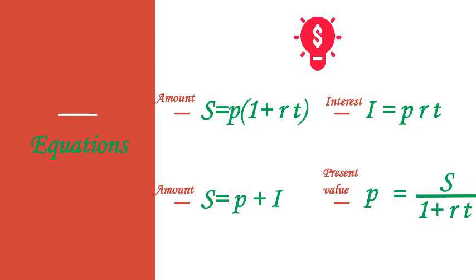Also, we can calculate the days by two ways: approximate time and exact time. So we have four ways to get I: ordinary interest with approximate time, or ordinary interest with exact time.